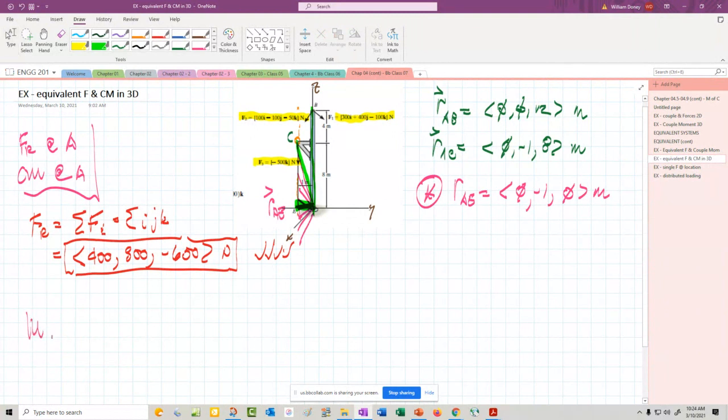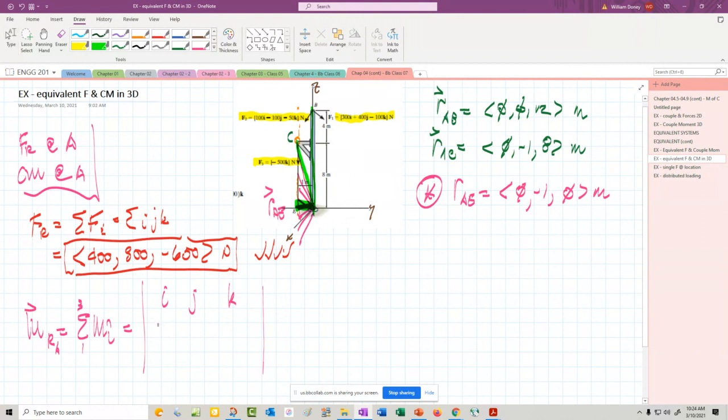All right, so let's find the moment. Resultant couple moment at A. We're going to add up all the moments at A due to those three forces, from 1 to 3. So let's sort of build those together. I, J, K. Let's go with force 1.